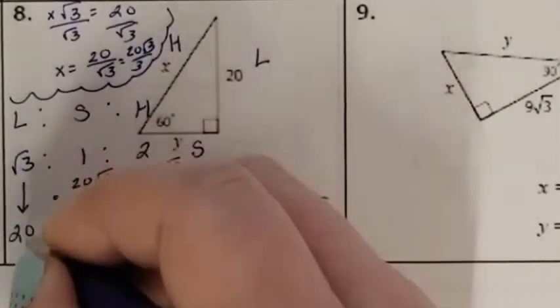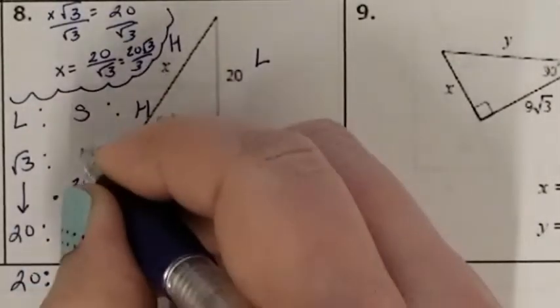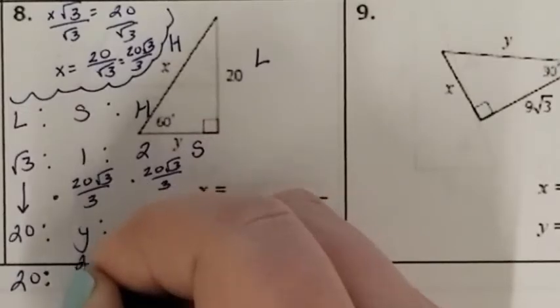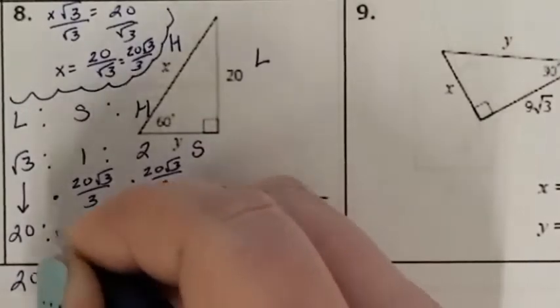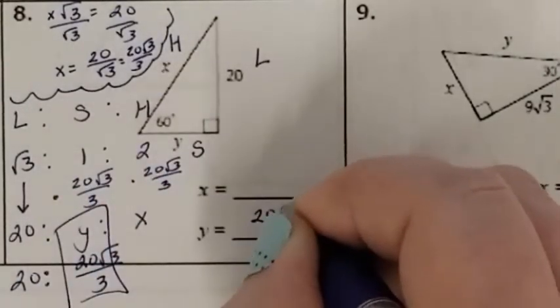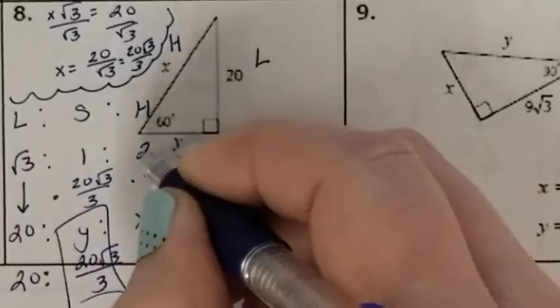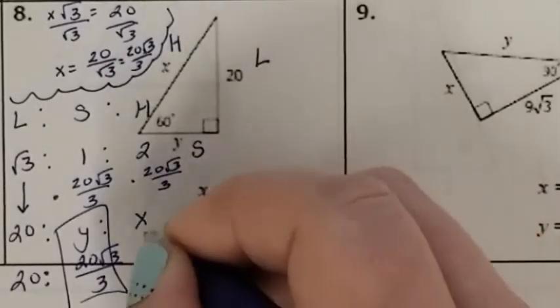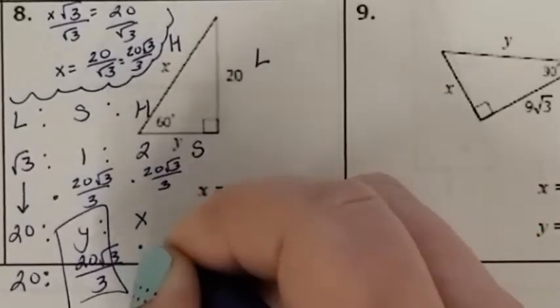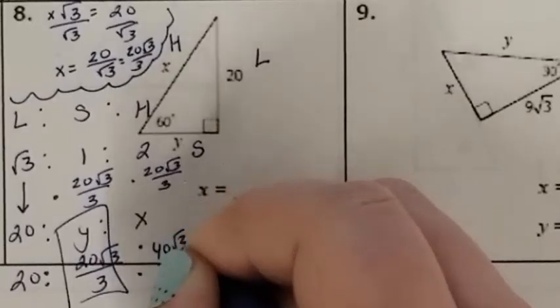So we already had an answer of a 20. 1 times 20 root 3 over 3 is 20 root 3 over 3, so that must be my y. 2 times 20 root 3 over 3 ends up giving me my x, which is a 40 root 3 all over 3.